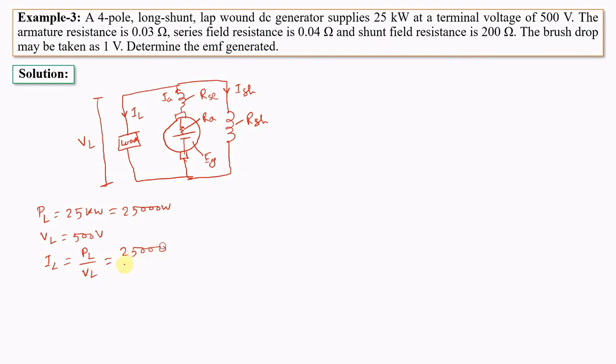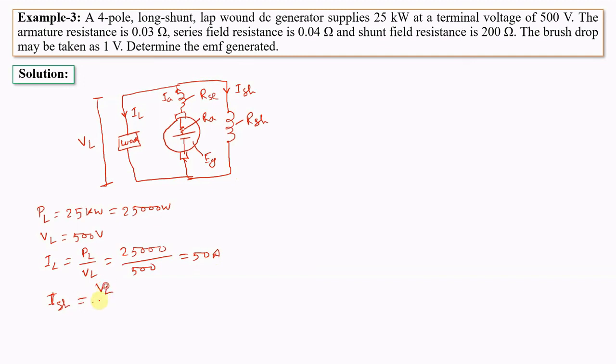So it is 25,000 by 500, and it will be equal to 50 ampere. Next is ISH. As in the case of a long shunt compound generator, the voltage across the shunt field winding is the same as the load terminal voltage.